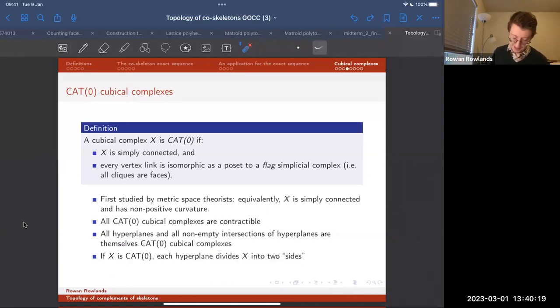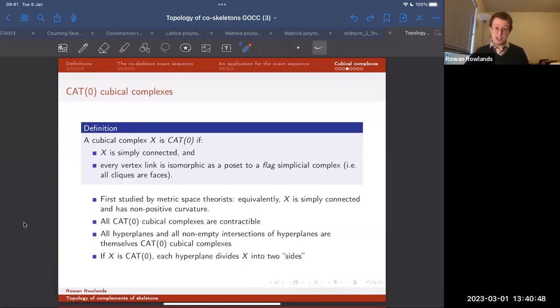This was first considered from the perspective of metric spaces, because there's an equivalent version of this definition: X is simply connected and the curvature at every point is non-positive. Again, I'm not a metric space theorist, so this isn't really my area, but metric space theorists care a lot about CAT(0) spaces for whatever metric space reasons they care about.